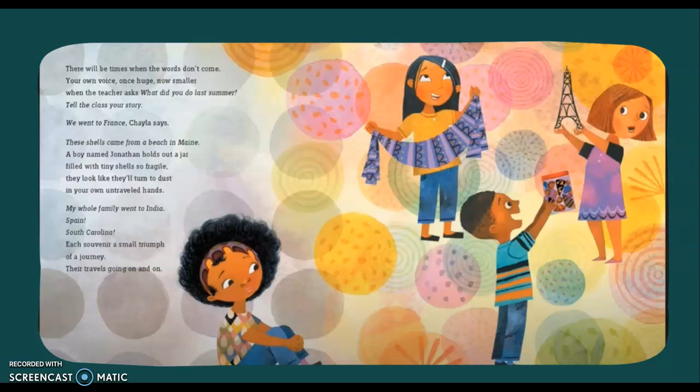A boy named Jonathan holds out a jar filled with tiny shells so fragile they look like they'll turn to dust in your own untraveled hands. "My whole family went to India, Spain, South Carolina." Each souvenir a small triumph of a journey. Their travels going on and on.